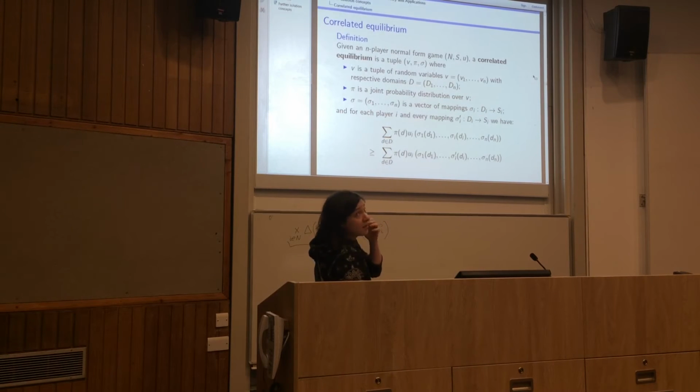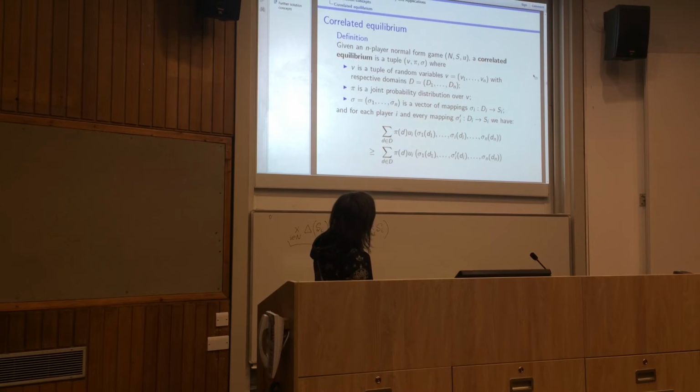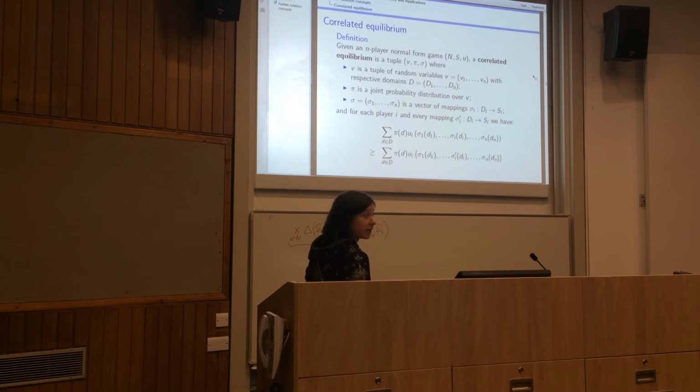So what is a correlated equilibrium formally? So if we have a game in a normal form as before, agents, pure strategy sets, utility functions, a correlated equilibrium would be given by the following combination of parameters, V, pi, and sigma, where V is a tuple of random variables, each one for the player.